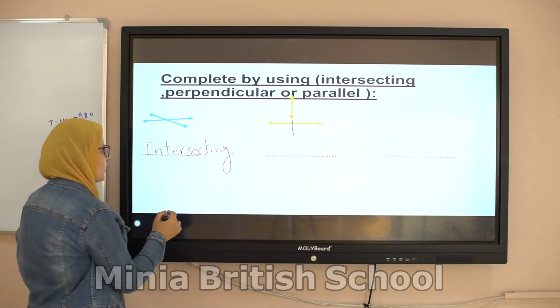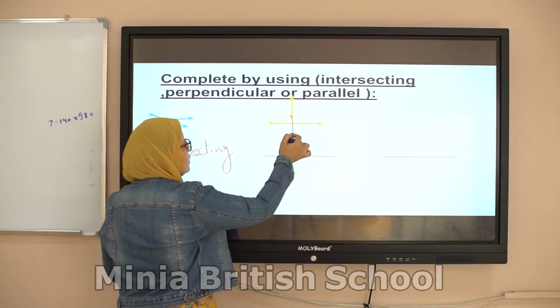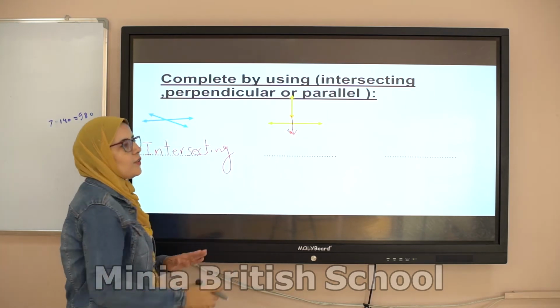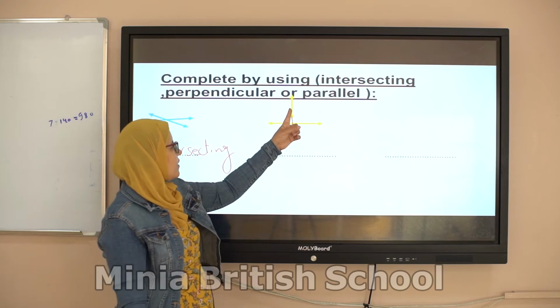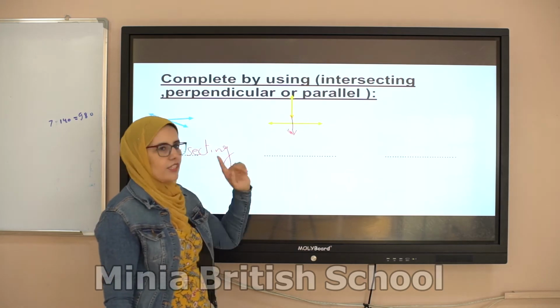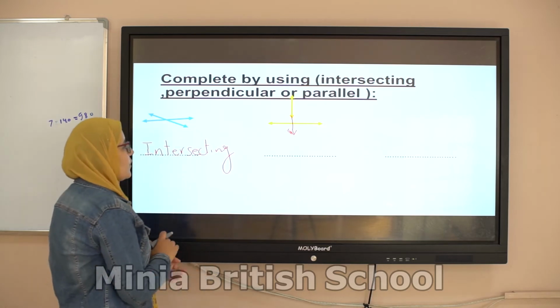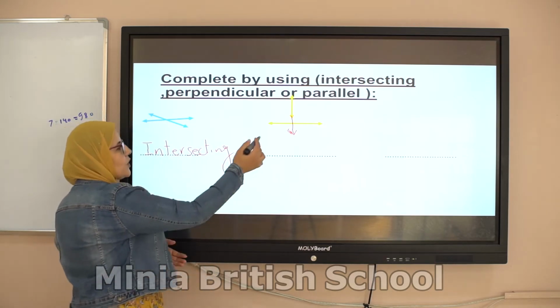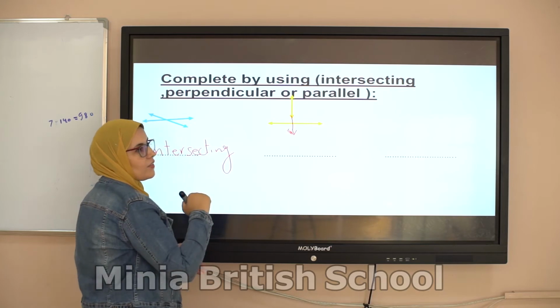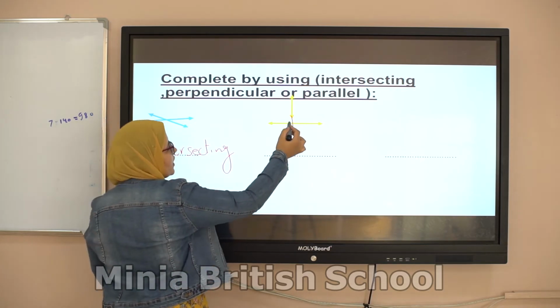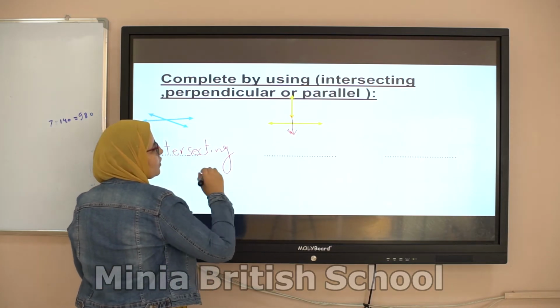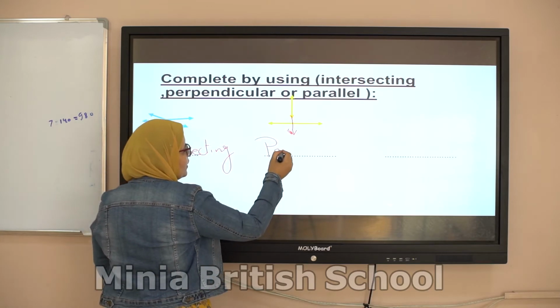It will be dashed. In this case, it will be perpendicular because this line is standing on this line. If we extend it, it will be perpendicular. So if we see something like this, you have to make an extension. So the second case is perpendicular.